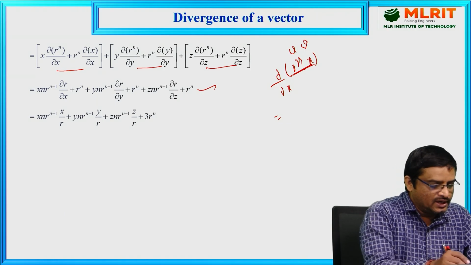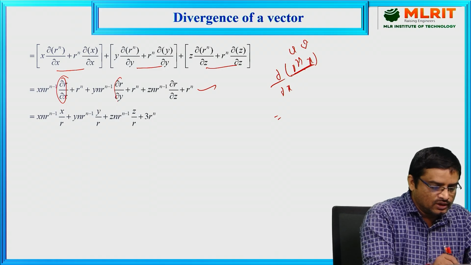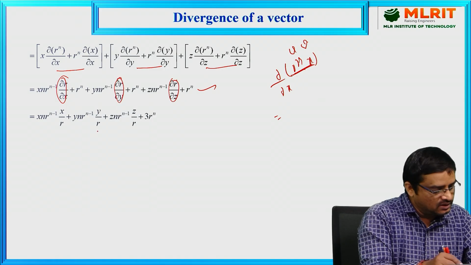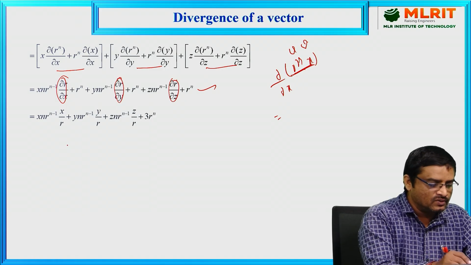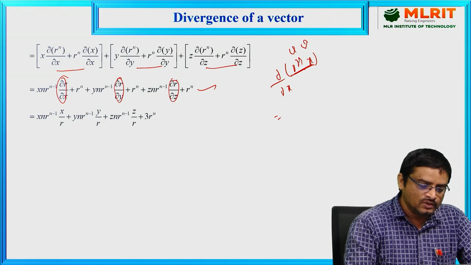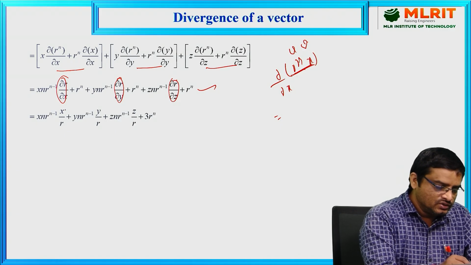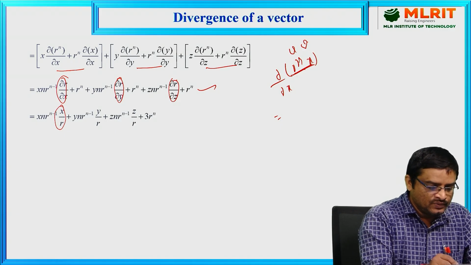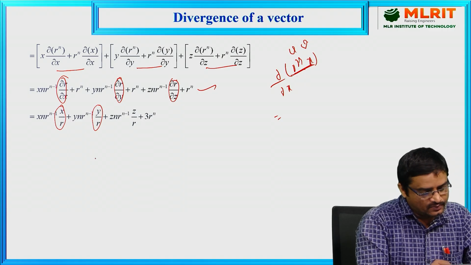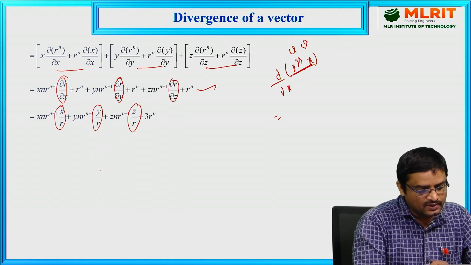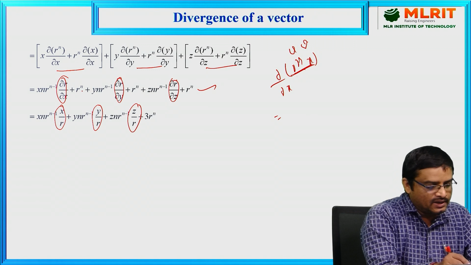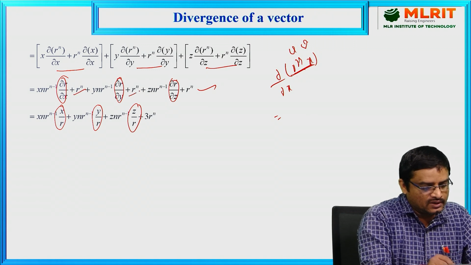Now in place of dou r by dou x, dou r by dou y, dou r by dou z, we have already seen their values in the previous slide. Dou r by dou x is given by x by r, dou r by dou y is given by y by r, and dou r by dou z is given by z by r. And here we have r power n three times, so totally we have 3 r power n.